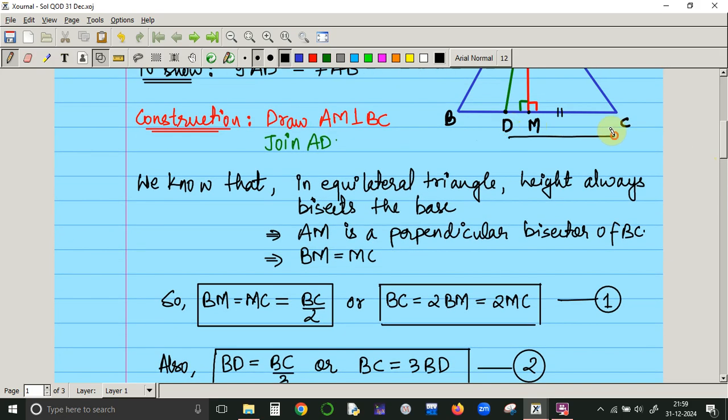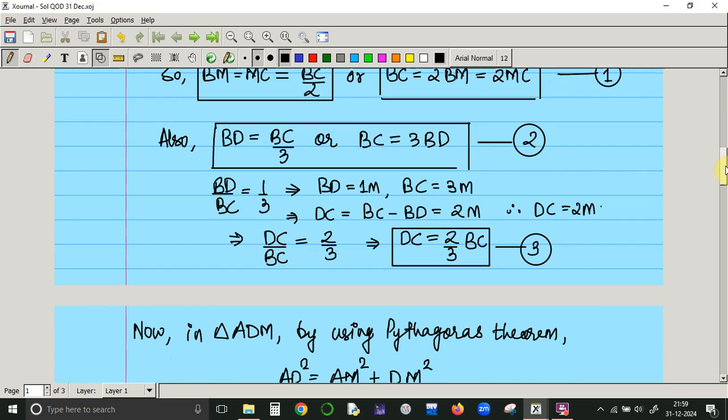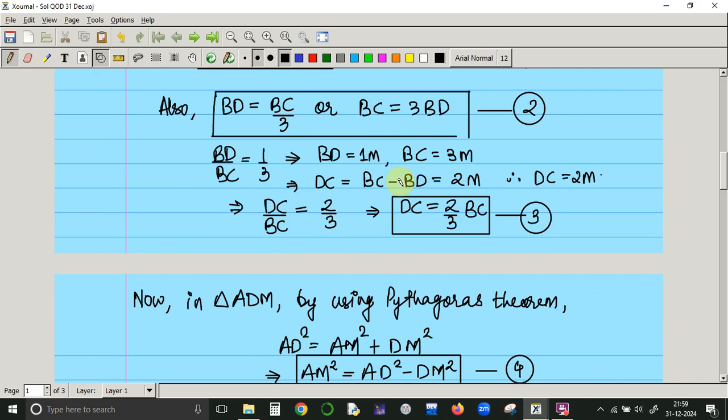DC is full BC minus BD. BC is 3m minus 1m, so 2m. So the ratio of DC over full length BC is 2/3. So DC is 2/3 of BC. I have given label number 3.